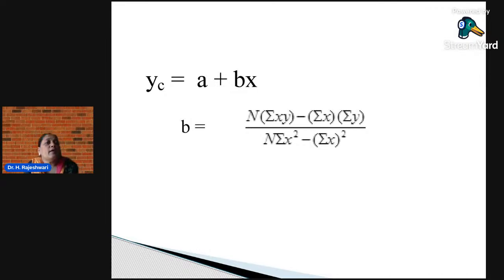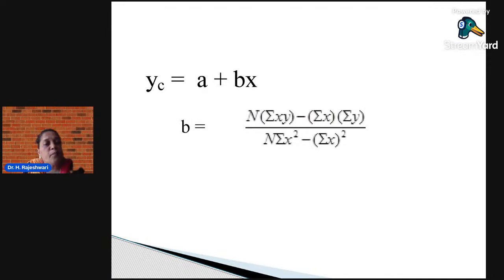You might have learned in your high school y equal to mx plus c. This is the equation of a straight line having a slope m, right? Here also we are assuming that the variables given to us are linearly related, so we are using a straight line equation: y equal to a plus bx.